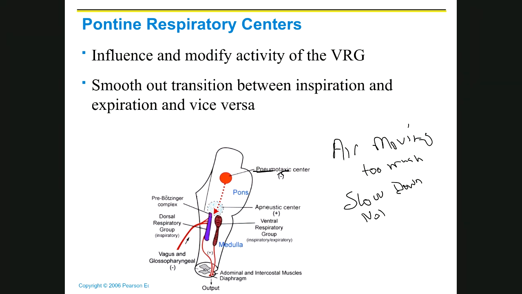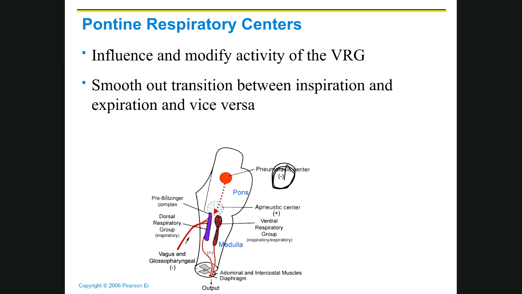And so that's exactly what it does. It tells these other centers to slow down. Don't breathe as deeply. And so look, that's why there's this negative here, because it has a negative effect on breathing rate and depth. So we can breathe faster and deeper. That's this center. We can breathe slower and shallower. That's this center.